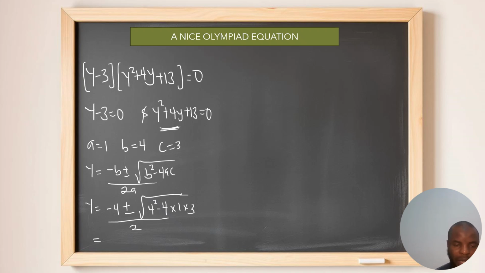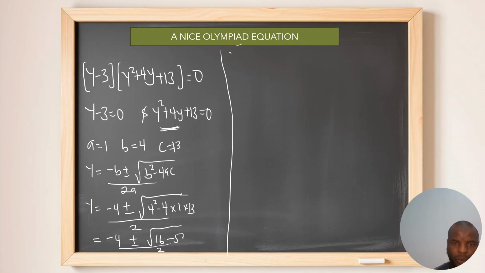So here you have minus 4 plus or minus the square root of 4 squared, which is 16, minus 4 times 1 times 13. 4 times 13 is going to be 52. Everything over 2.